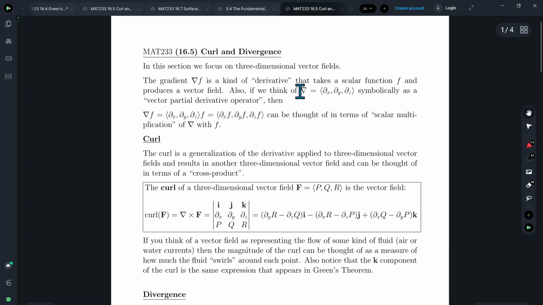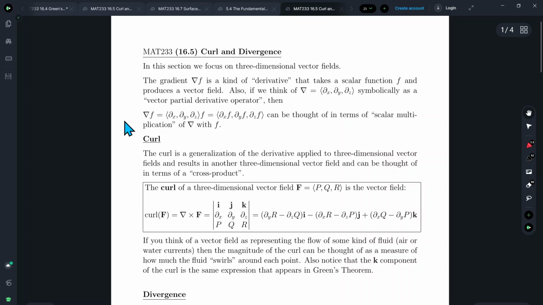So if we think of del symbolically as a vector itself, but not an ordinary vector, a vector operator. Symbolically, each of the components is a partial derivative with respect to each of the variables x, y, and z. And what an operator means is that you apply it to functions.